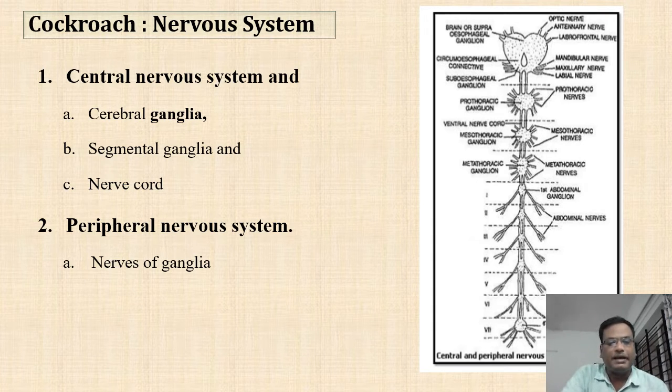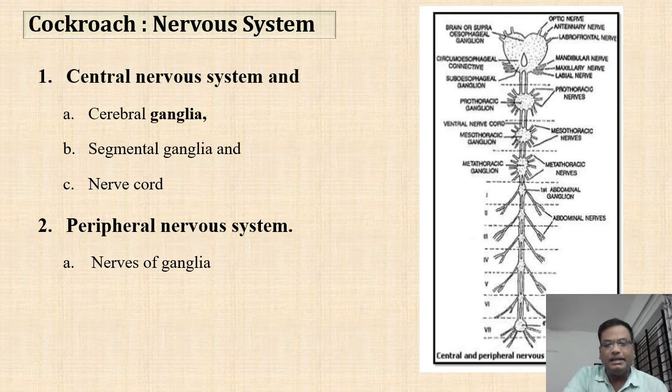Ganglia represents the aggregation of cells, or you can compare the word ganglia with brain of higher animals. So what we call as brain in higher animals is called ganglia in these lower animals like arthropods, insects, etc.